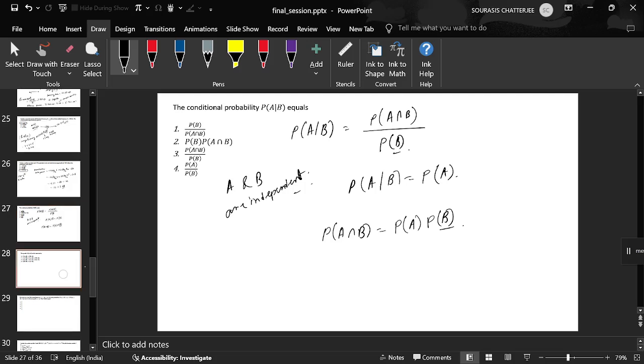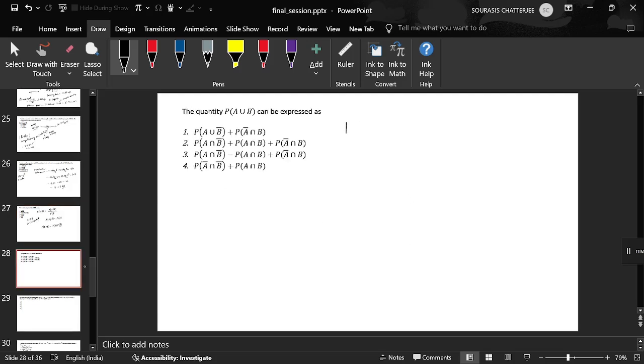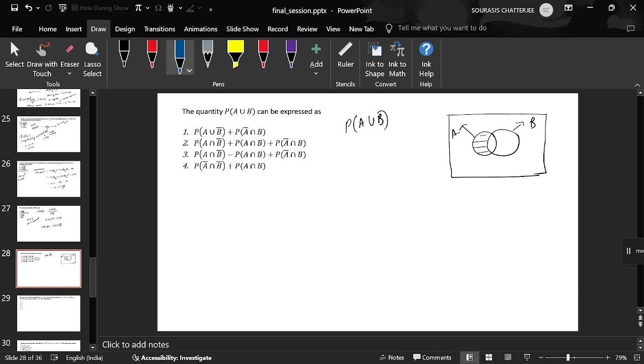Now, probability of A union B. This can be most efficiently done by visualizing it. Let's say this is A and this is B. There are three regions you can see which are non-overlapping with each other.